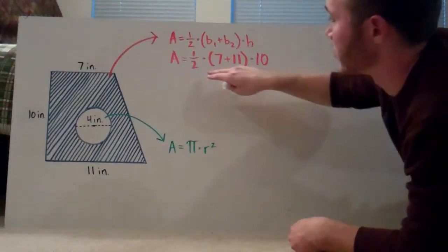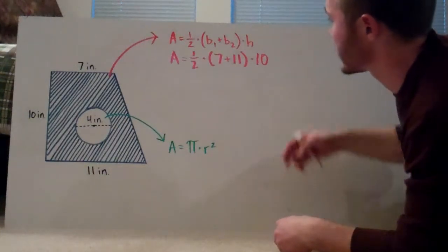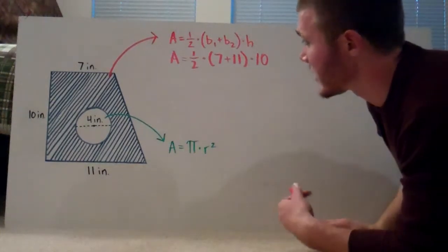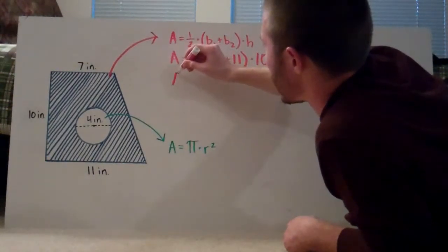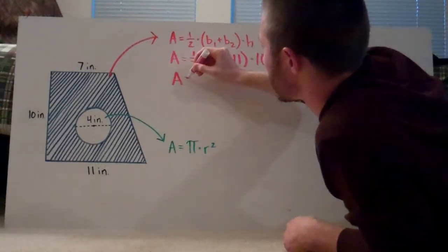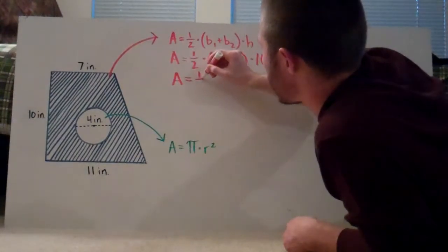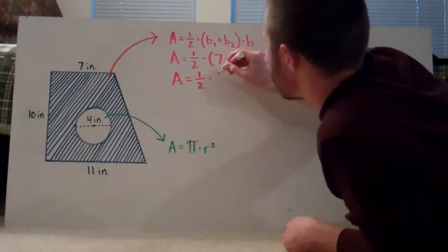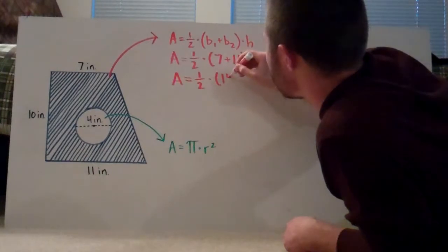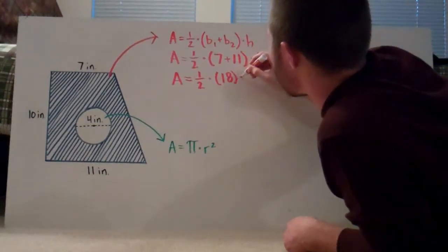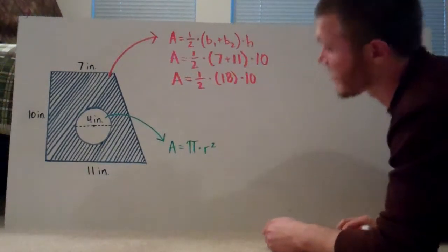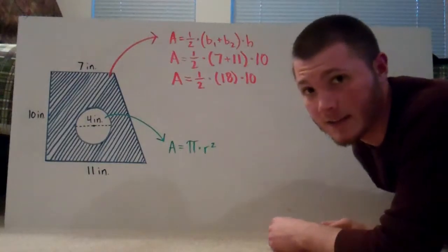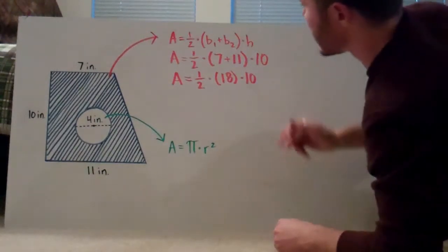Now I'm going to do what's in parentheses first, order of operations. So I'm going to add 7 and 11. Now I'm going to get 18. So my area, A, equals 1/2 times 18 times 10. Next step, I'm going to take 18 and multiply it by 10. That's going to give me 180.